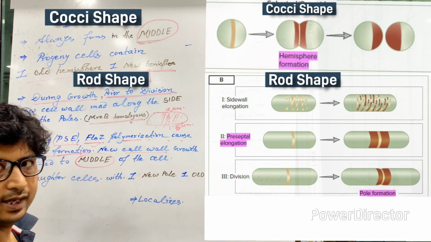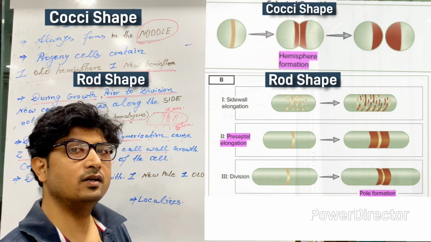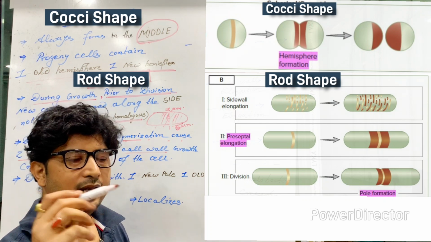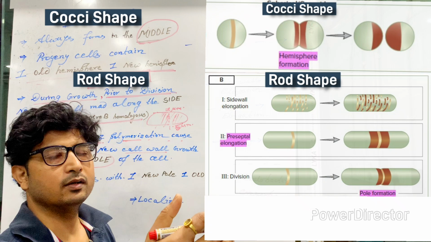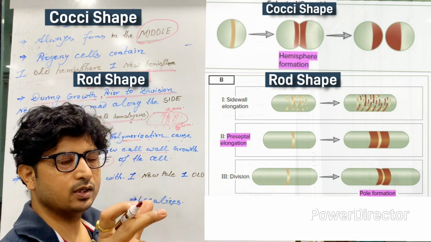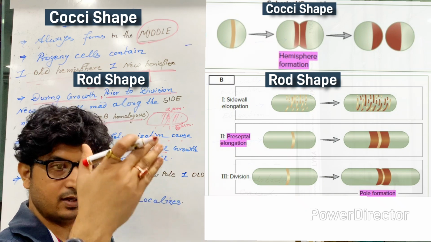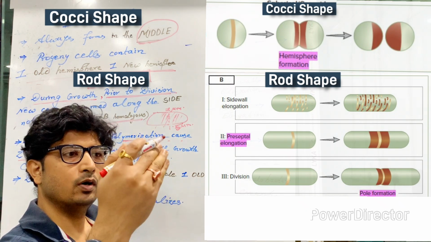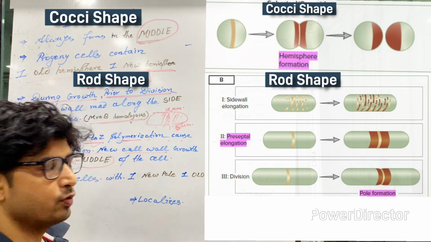So as you can see, the cell is divided from the middle, but actually it is not the original shape of the cell because it was much less elongated. Now it is elongated from 1 micrometer to 2 micrometer. If the parent cell is 1 micrometer, it became 2 micrometer during division, and from there again in the middle there is a Z-ring formation, septum formation, became 1 micrometer, 2 daughter cells or progeny cells.